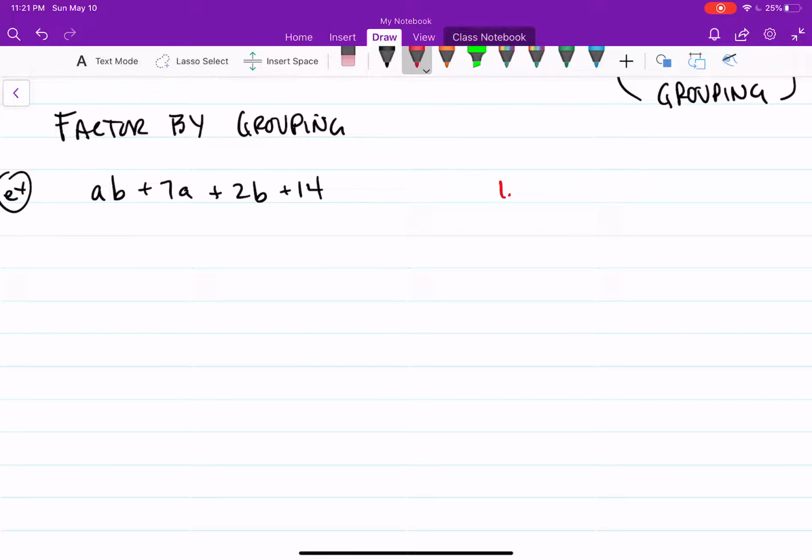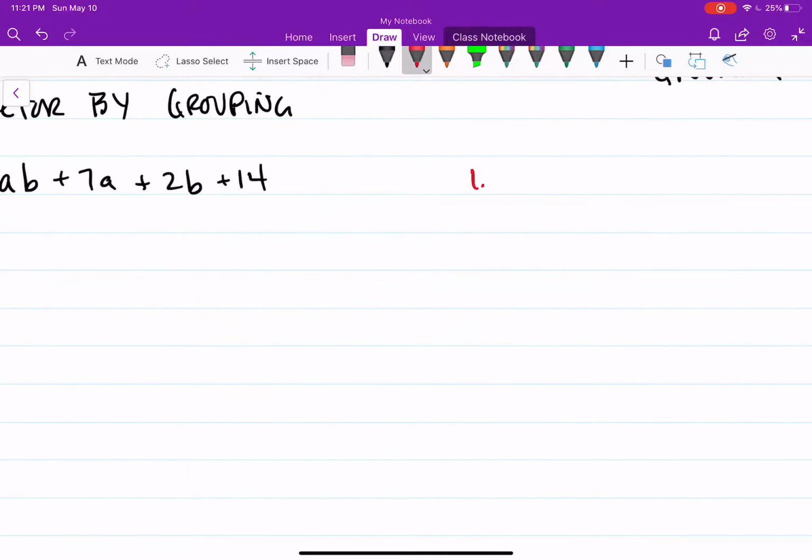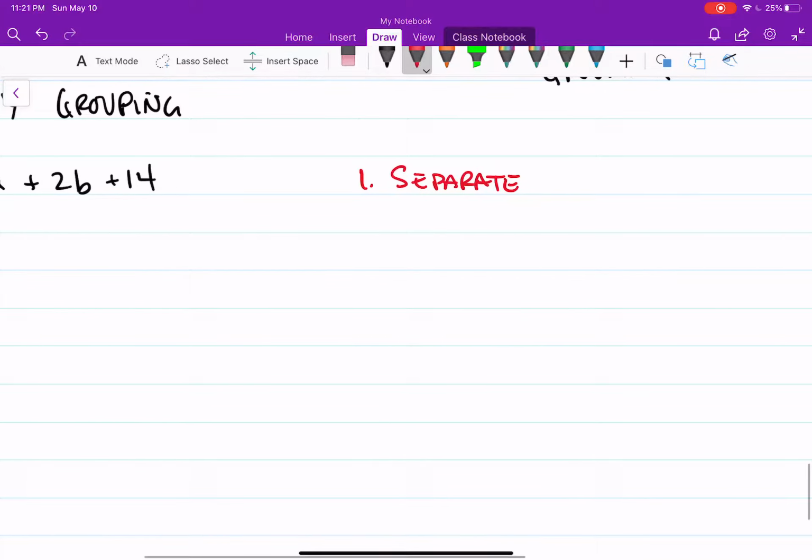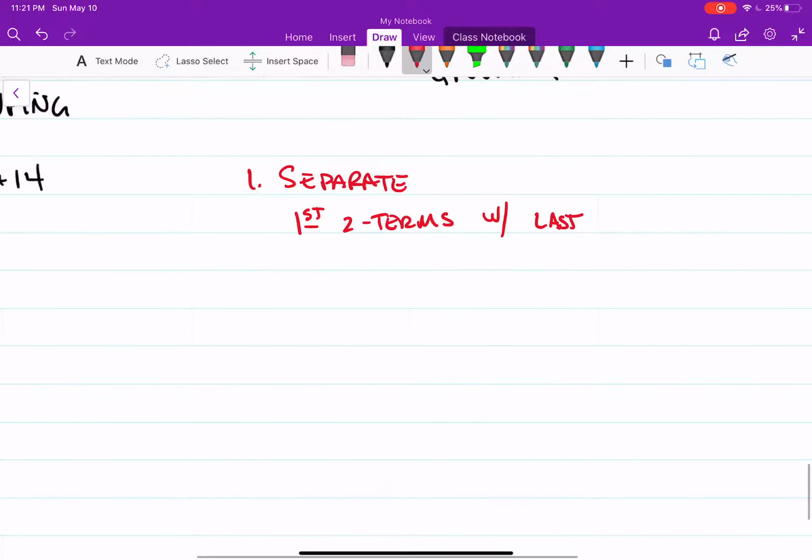So let's separate the first 2 terms with the last 2 terms.